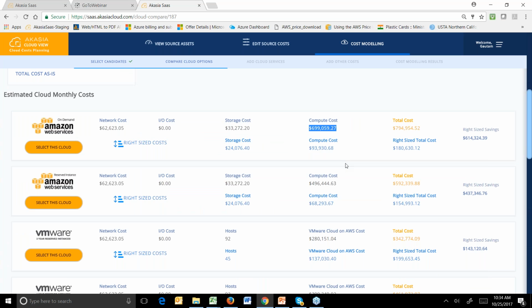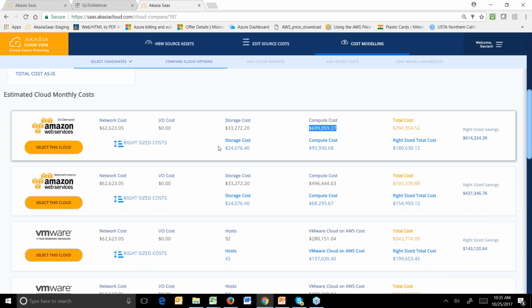But really, here's the deal. Most on-prem environments are over-provisioned. You really don't want to move your systems as they are configured. You want to take a look at how the systems have been used regardless of how they've been provisioned. And what we do is we actually collect that information for you. And based on that utilization information, we recommend a right-sized configuration and cost.